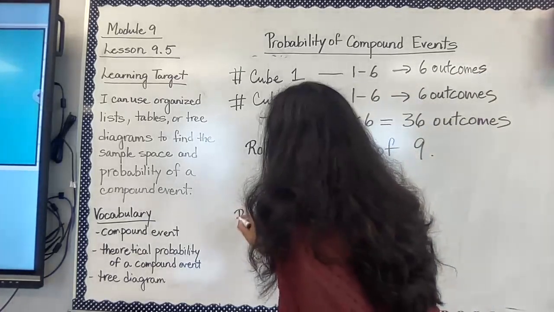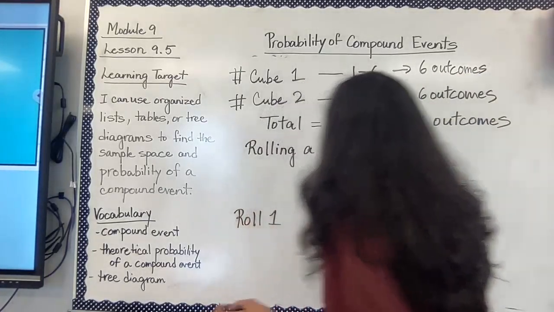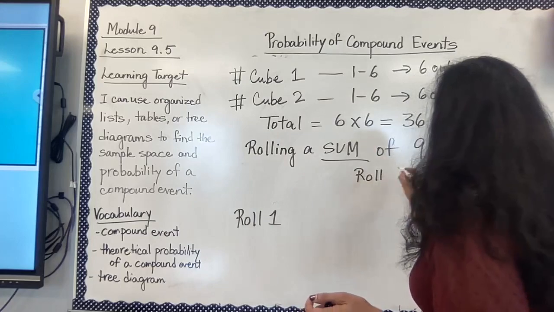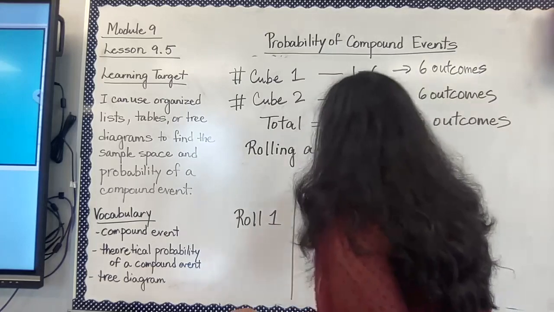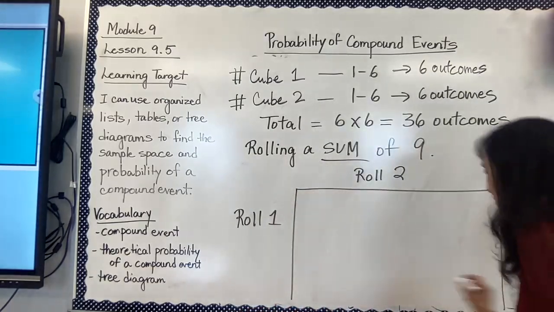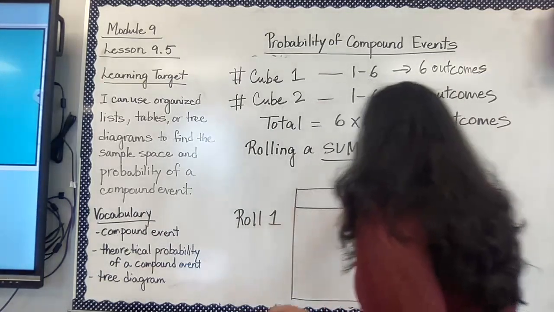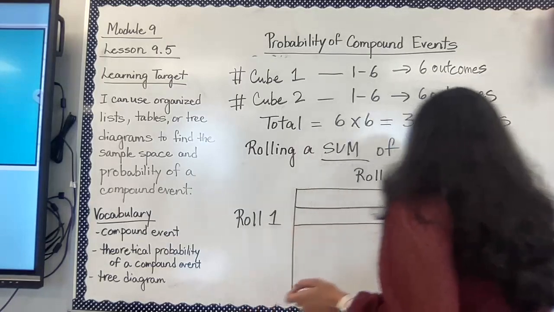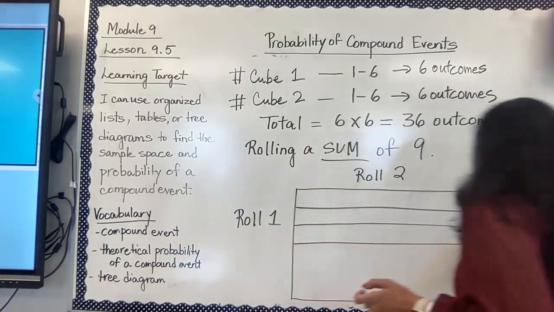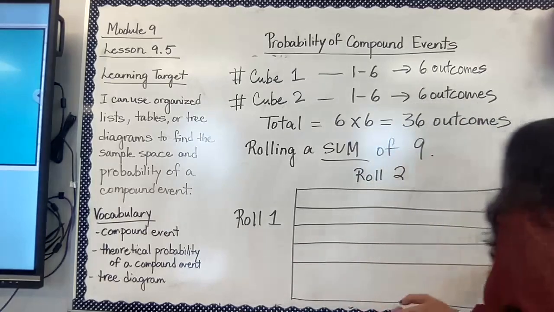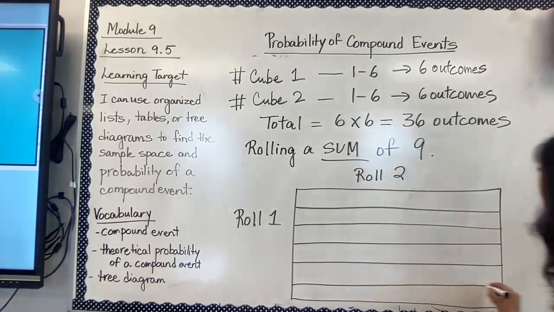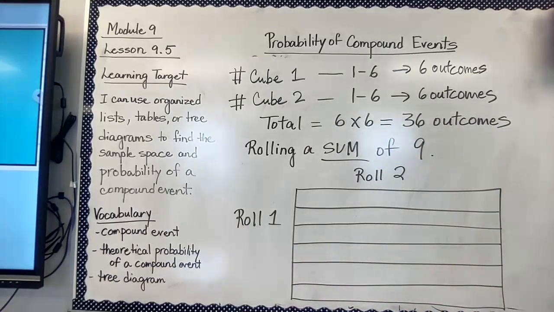Let's say this is roll 1. I'm going to put roll 2 up, to make a table. All right, and in roll 1, I have 6 possible outcomes. So 1, 2, 3, 4, 5, and 6.